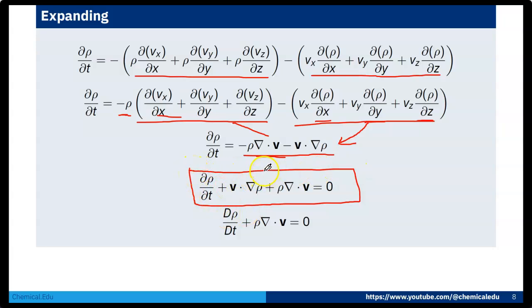Again, if I write it with the material derivative, that will be capital D rho by capital Dt plus rho into divergence of velocity is equal to 0. So this is the 3D continuity equation.